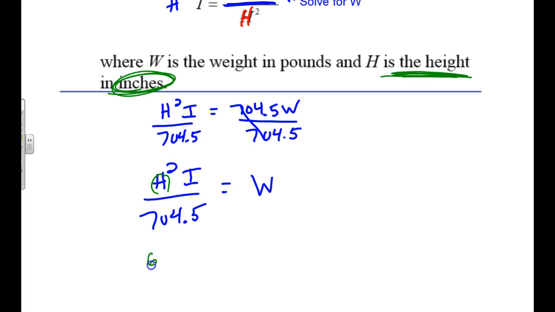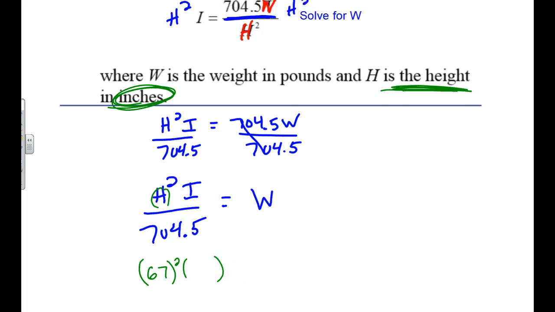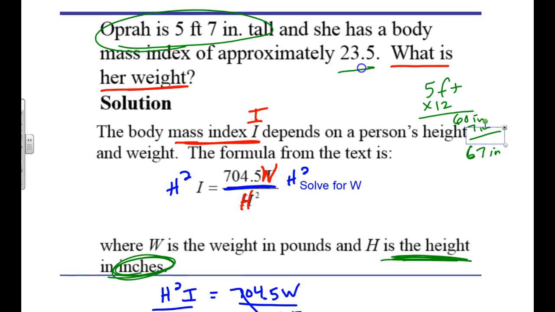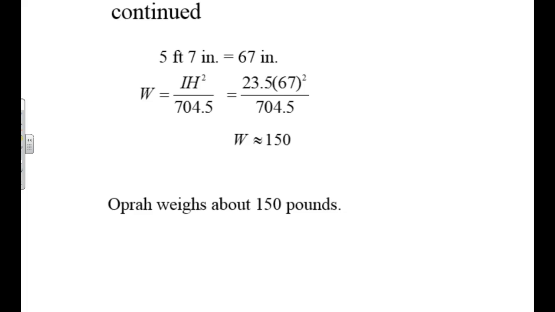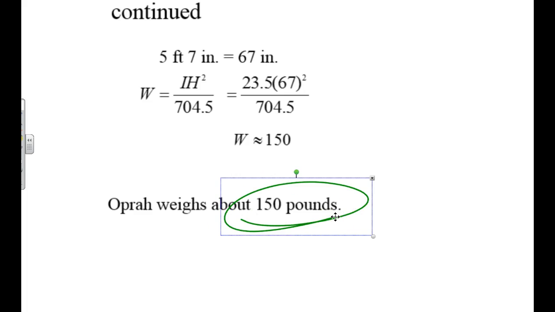So I'll say 67 inches squared times her I, which is her mass index, which was given as, oh, there it is, 23.5, and divide by 704.5. Then I can take my calculator and calculate her weight. What is that, 150? Yep, 150 pounds. Oprah only weighs 100. Okay, I'm going to leave that alone.